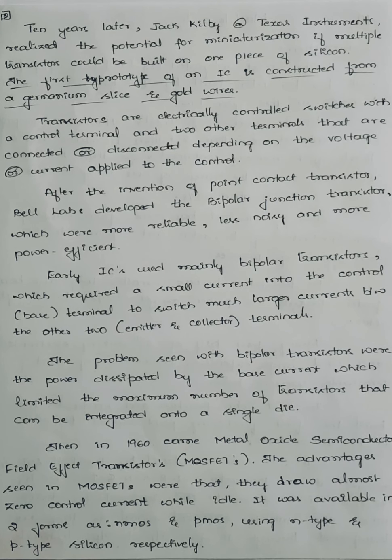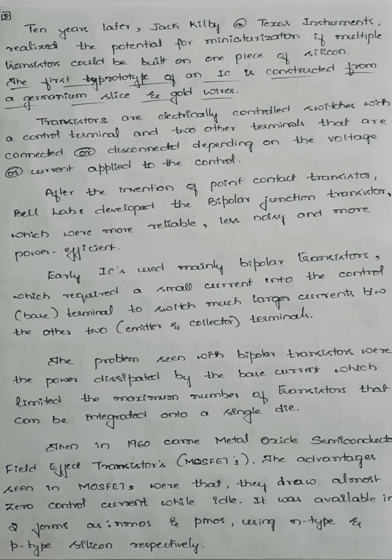The problem with bipolar junction transistors was the power dissipated by the base current, which limited the maximum number of transistors that could be integrated onto a single die.